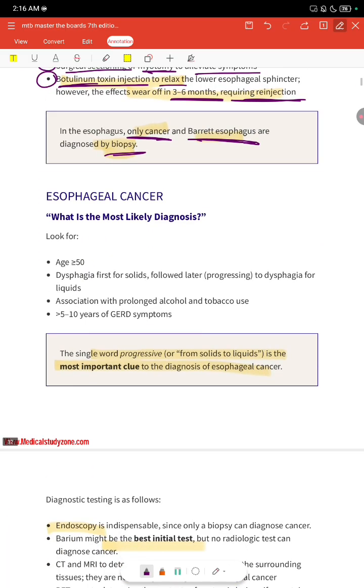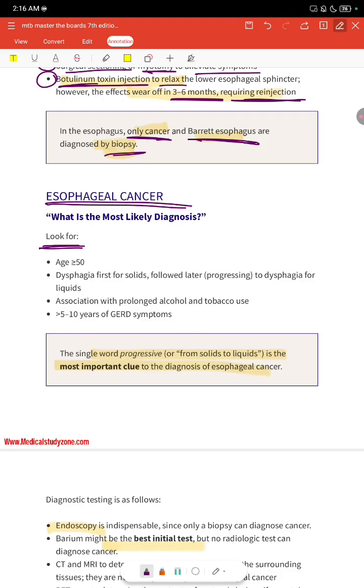Now let's talk about esophageal cancer. So what you should look for in the scenarios which ask you about what is the most likely diagnosis. If the answer to that question is esophageal cancer, you should look for these things.